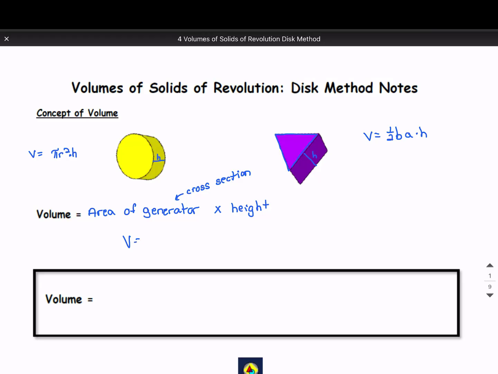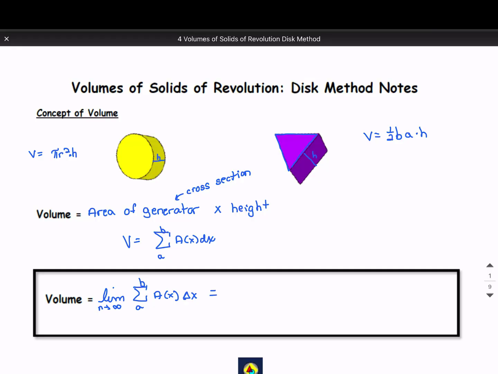And really what we're doing is adding up, on our interval, all the areas of all the little cross sections. Now notice, once we have that summation, we can think of this as the limit as the number of intervals gets huge of the summation over our interval of our area times our delta x's, and our delta x's are going to get smaller and smaller.